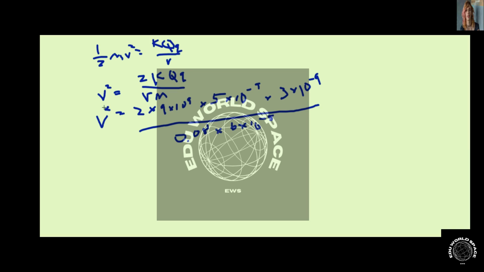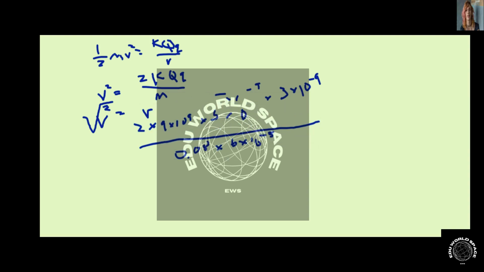So velocity squared. Now we can compute this and just take the square root of this, since we need to square root both sides.